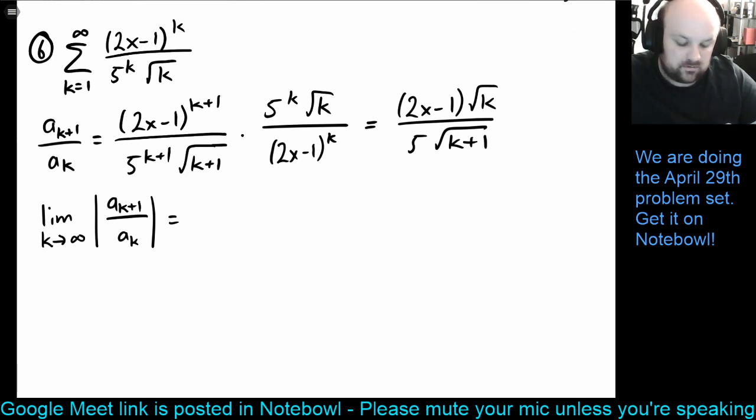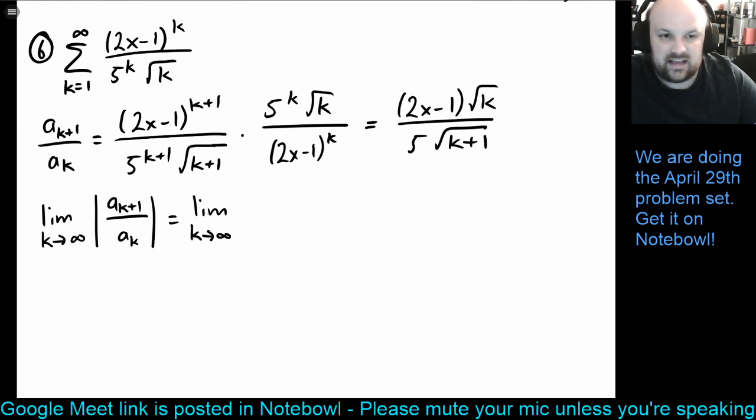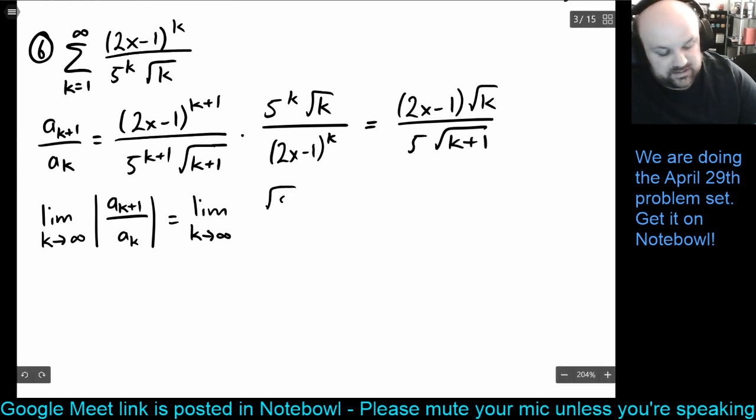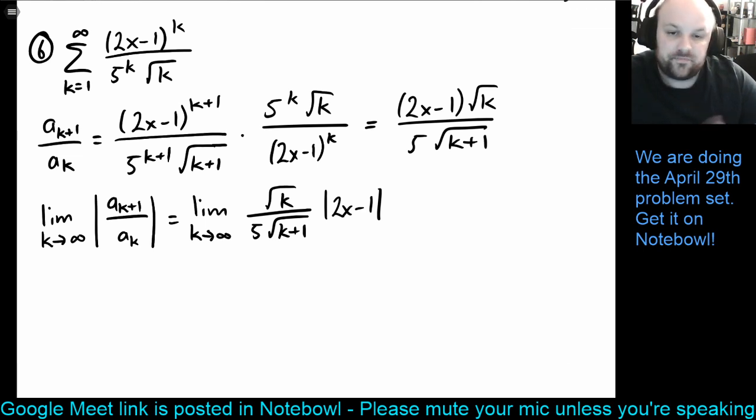So this limit here, limit as k goes to infinity. Really, again, only this part with x's in it has the absolute value. So that's square root of k over 5 square root of k plus 1, absolute value of 2x minus 1. And when we take that limit, think about what we get.